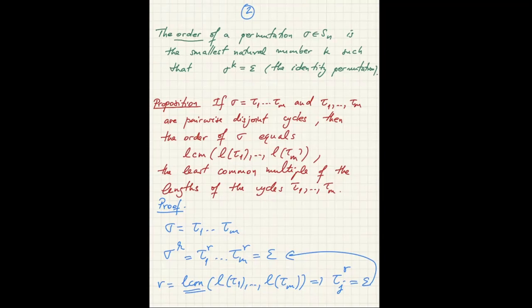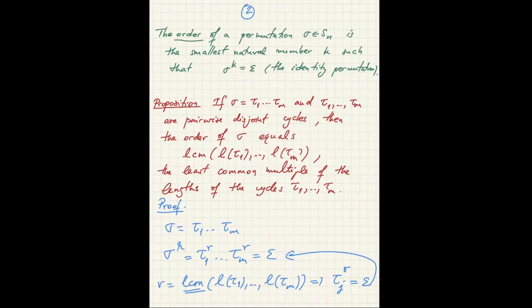And before we talk about general permutations, if we look at the previous example where we had a cycle of length k, it's not too hard to see, extending the previous argument, that the order of a cycle of length k is going to be k. So the order of a cycle of length 2, or of a transposition, is going to be 2. The order of a cycle of length 3 is going to be 3, and so on.